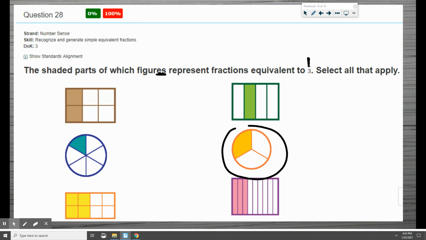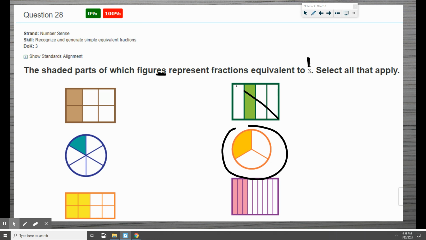Now, this is where it gets tricky. If I have 1/3, one piece, and I'm looking at 3 parts, I can't say that a fraction that has one part but a different number of pieces is going to be equivalent.